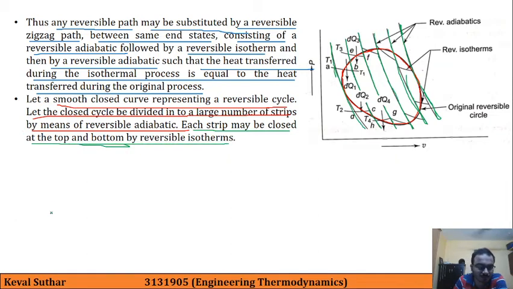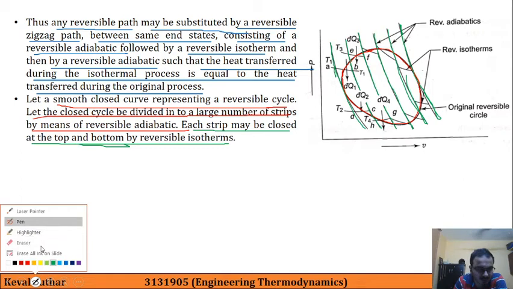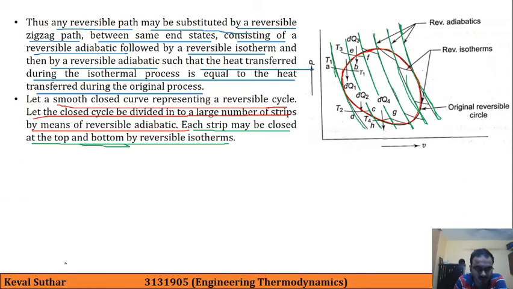So if you see, the green color curves are reversible adiabatics, and the isotherms that here we are discussing are these, these are all reversible isotherms.